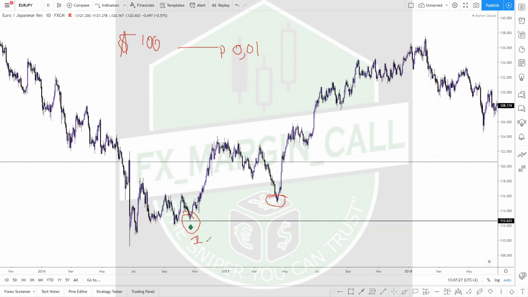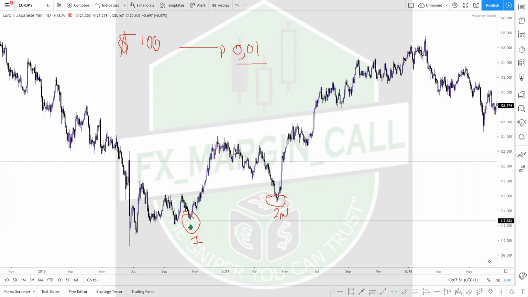That's why our first trade usually consists of our normal lot size, like 0.01.